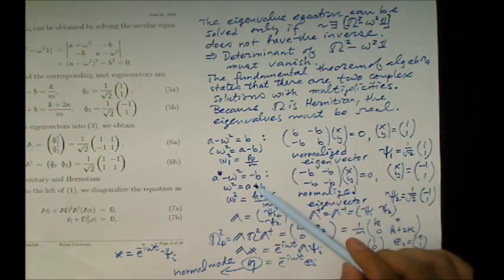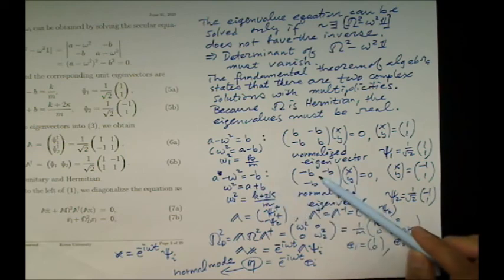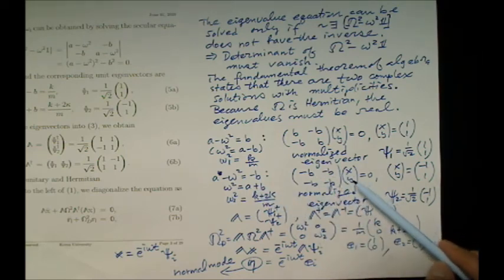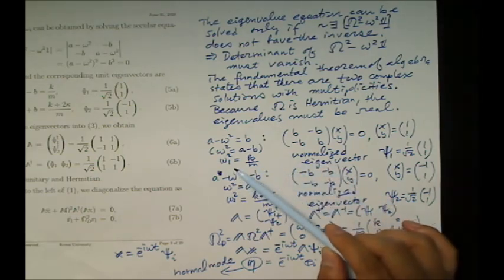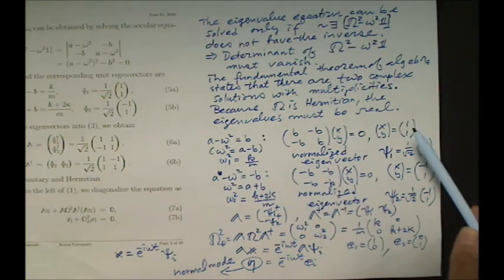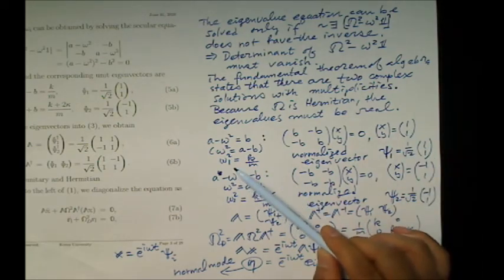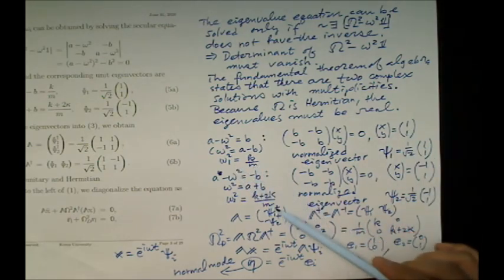In the case of minus b, we have the same sign and same magnitude. That means x and y are the same in magnitude and opposite in sign. The corresponding eigenvalue for the first vector, 1, 1, is omega squared equals k over m. The second one is k plus 2 kappa over m.